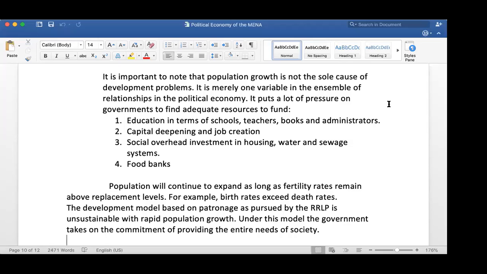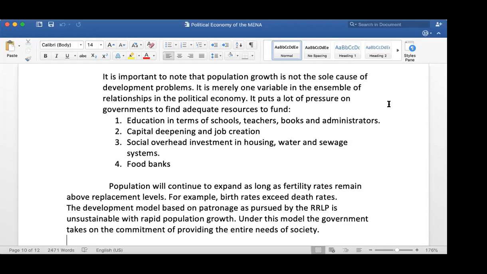Because what you want to do with economic growth is you want to expand the country's productive capacity to producing goods and services. So obviously, when you're spending money on housing, water, sewage systems, roads, etc., they may have an indirect effect, but their effect is not direct and it is not powerful.